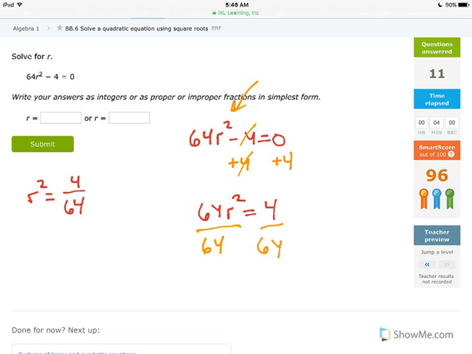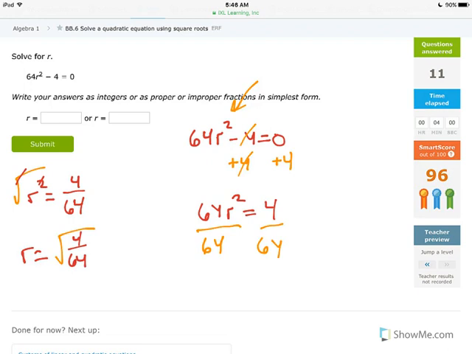And once you're here, you can go ahead and square root both sides. So we will square root the square, and we will be left with r. And we're going to square root the fraction. And if you're square rooting a fraction, that's the same as square rooting the top and square rooting the bottom all at the same time.